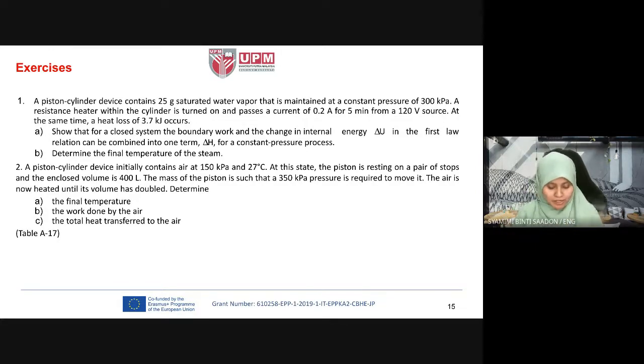Maybe we just finish exercise 2 first, up to these 2 exercises.